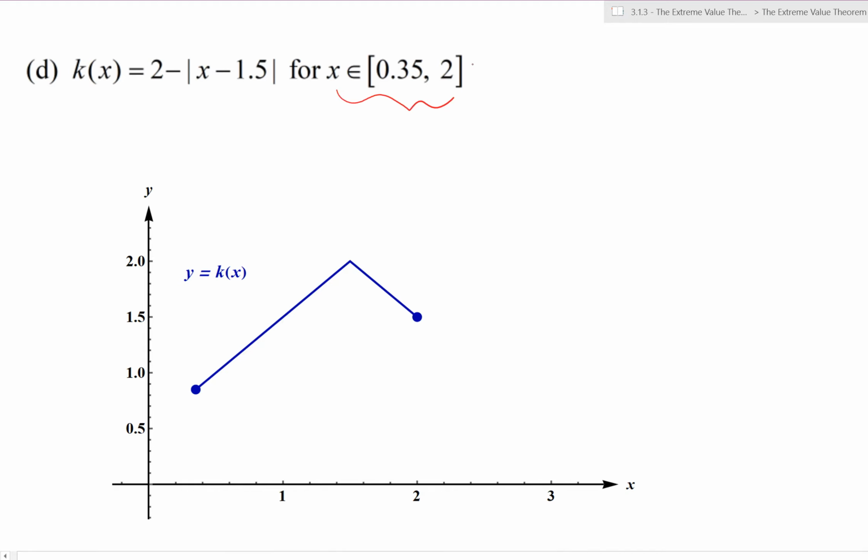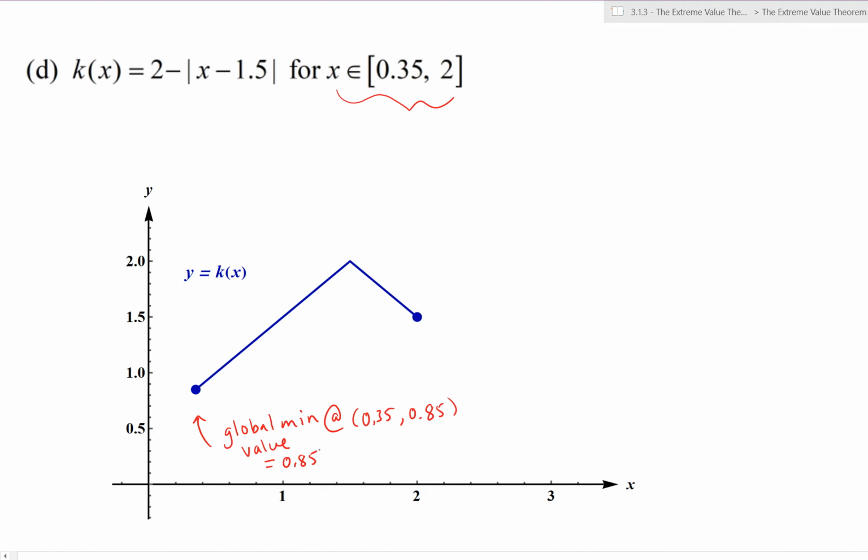We look at the graph, and we can see at the left-hand endpoint again, there's a global min. So the global min is at the location when x is 0.35, and if you plug that into the function, the output ends up being 0.85. So the global min value is equal to 0.85 here. That's the lowest the function gets over the interval.